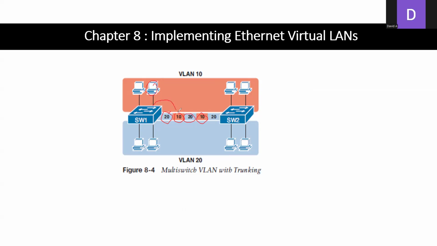This is tagged for VLAN 10. So anything within VLAN 10, switch 2 is going to send it to VLAN 10. Anything tagged for VLAN 20, it's going to send only to VLAN 20. Simple enough. And that's the concept of VLAN tagging.